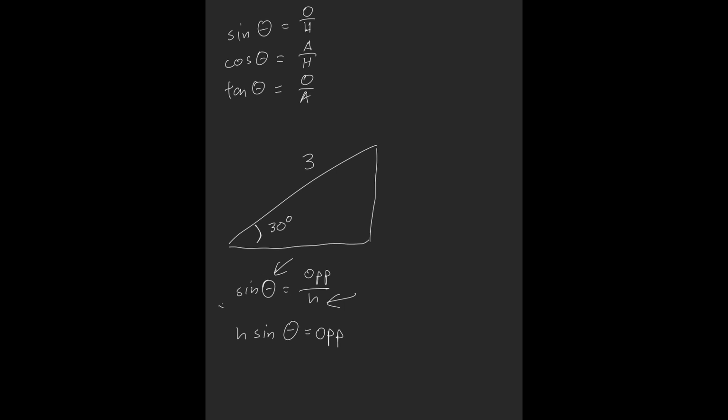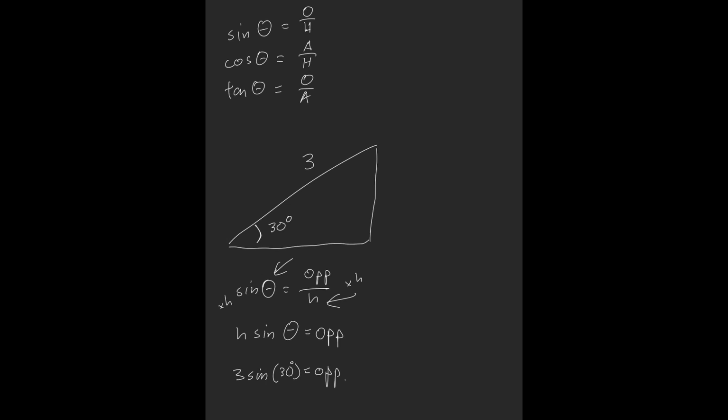So what I've done here is I've multiplied by h, and then plug in the values. So we get 3 sine of 30 is equal to the opposite. That is how you use a sine ratio to yield a side.